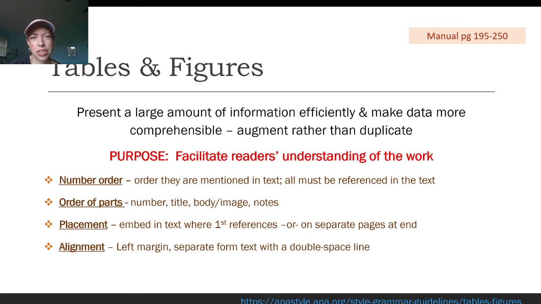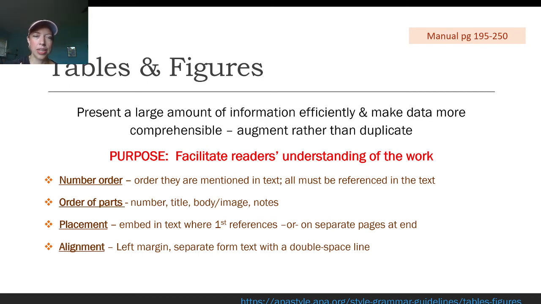With tables and figures, in the 7th edition, they've combined the way we present these to be more consistent between tables and figures. For both of these, we're going to number them: Table 1, Table 2, Table 3, and Figure 1, Figure 2, Figure 3. They both have their own sequencing, but they are both numbered in the order that they are presented in the written manuscript.